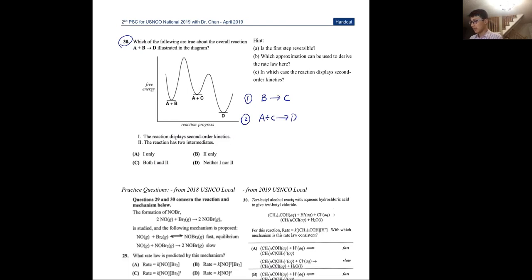Obviously, the first step has a slightly larger activation energy, so we can say the first step is a little bit slow. The second step is a little bit faster, although it might not be so obvious. For the two options, the reaction displays second order kinetics. Can we say that?